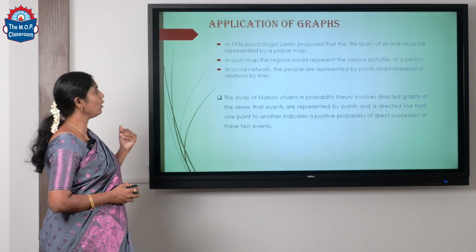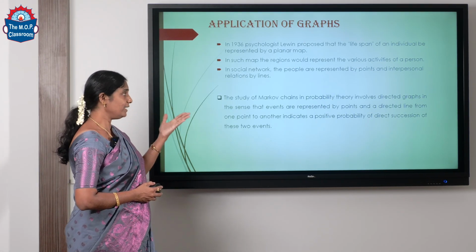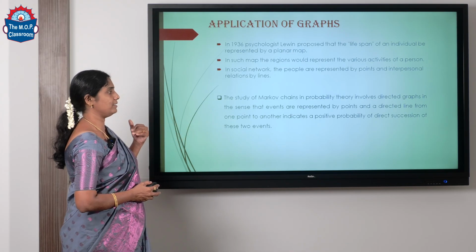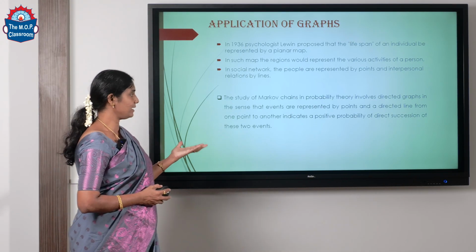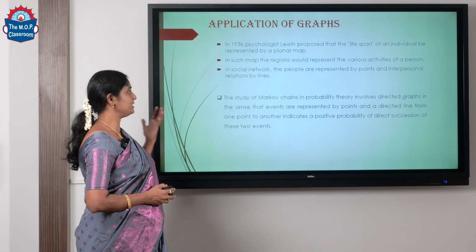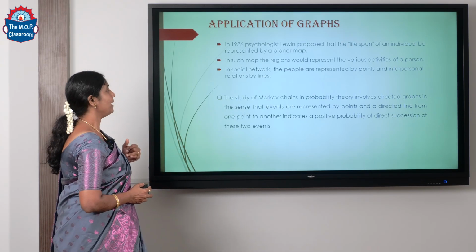Another very important concept is the Markovian process, which is from probability theory. Even in the Markovian process, graph theory is used to find the answers. Whether the situation is going to be favorable or unfavorable, whether it is going to give a positive or a negative answer, all such information can be studied using the Markovian process.